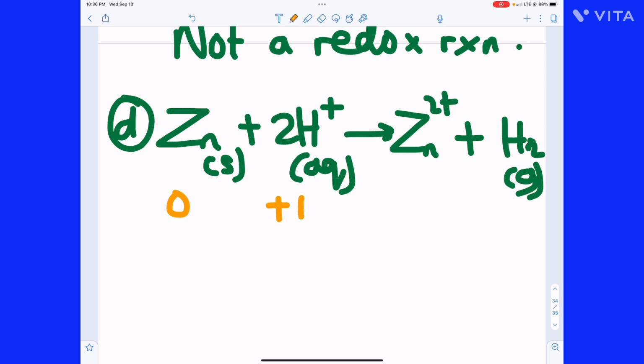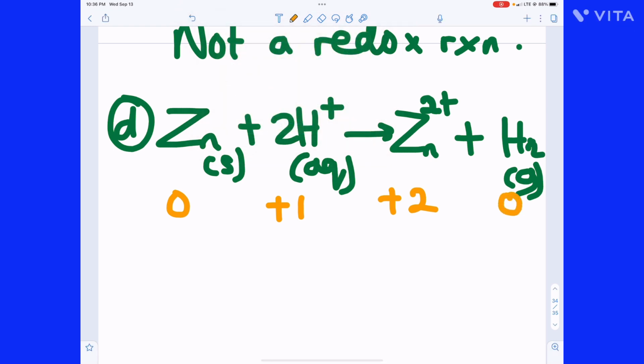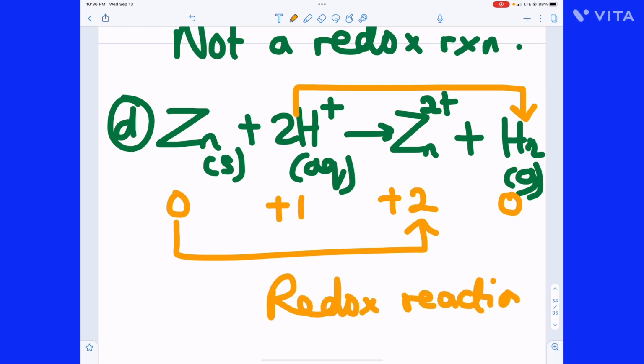That of hydrogen is +1. But on the right, the oxidation number of zinc is +2, as you can see here, and that of hydrogen is 0. So zinc increased in oxidation number. Hydrogen decreased in oxidation number. So that's a redox reaction. You understand? This one is a redox reaction.